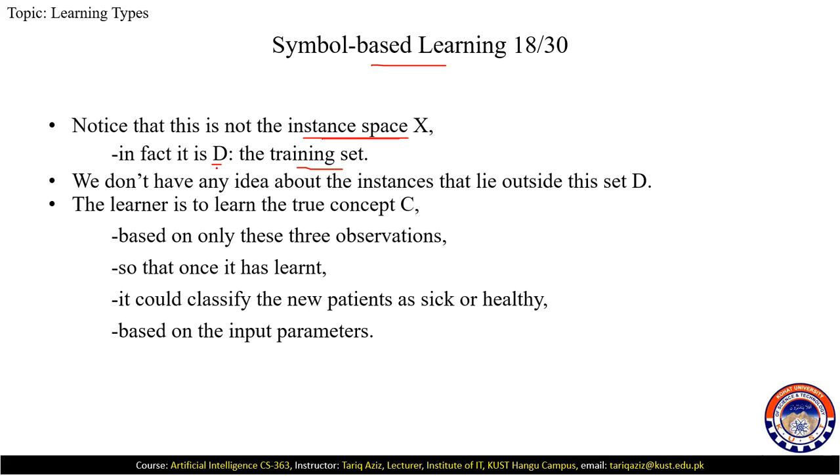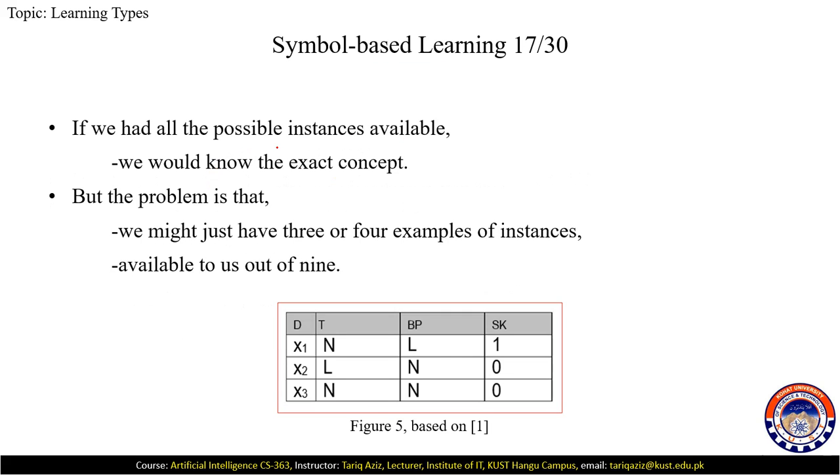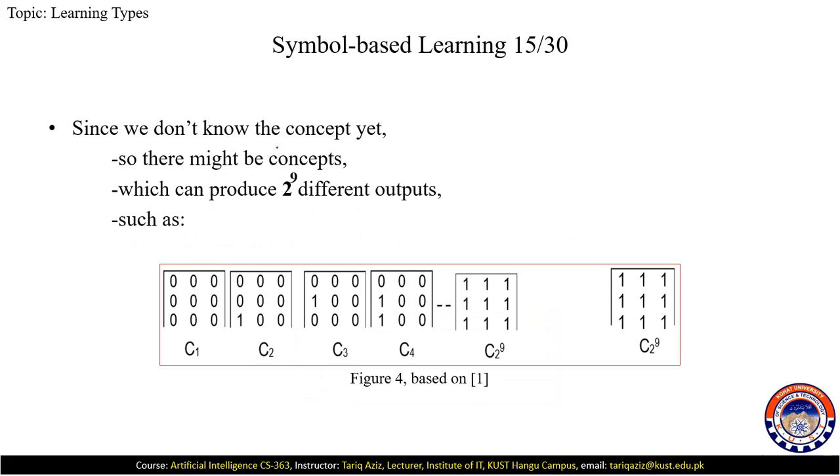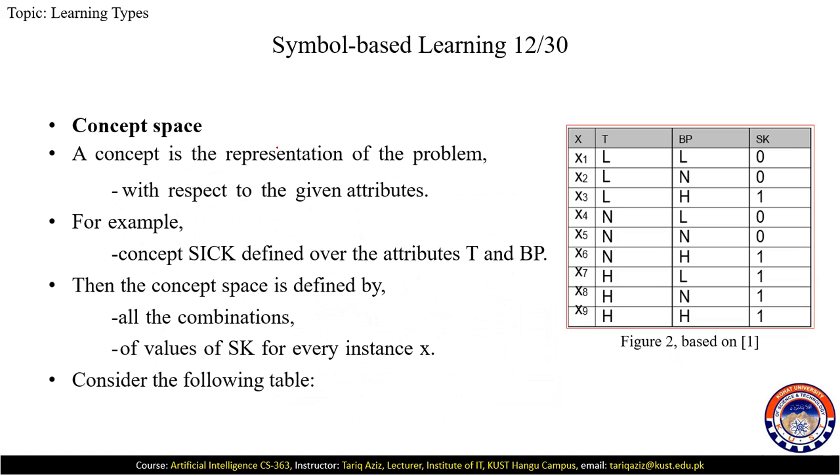Here we are discussing the sample. Let me take you to the table. X, this complete column, is known as the instance space, and in the previous lecture we discussed that we will have 2 raised to the power 9 instance spaces.